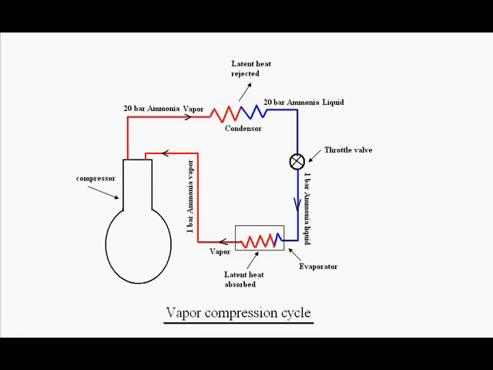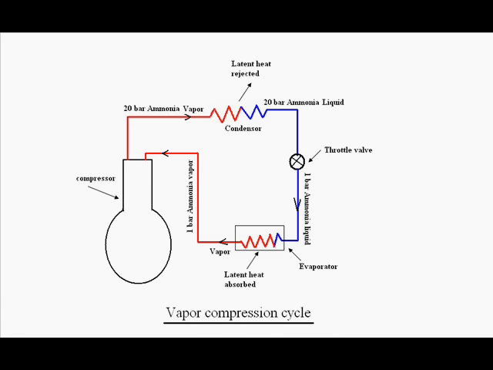Now we know that in the vapor compression cycle there are four basic elements: the compressor, condenser, throttle valve and evaporator. The job of the compressor is to suck the refrigerant at lower pressure and to increase its pressure.